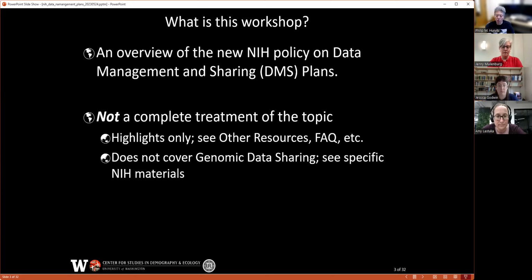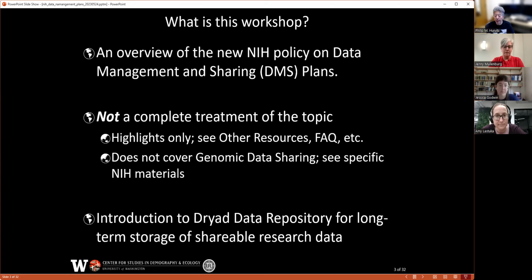And although we have the biodemography lab here, which may get into genomic work, the two leads of the biodemography lab agreed that it was not appropriate to go into the details on genomic data sharing. So if this is something that you're doing or interested in, then I would encourage you to look at the NIH materials on that. And then the last thing that we're going to do in this workshop is introduce the Dryad data repository.